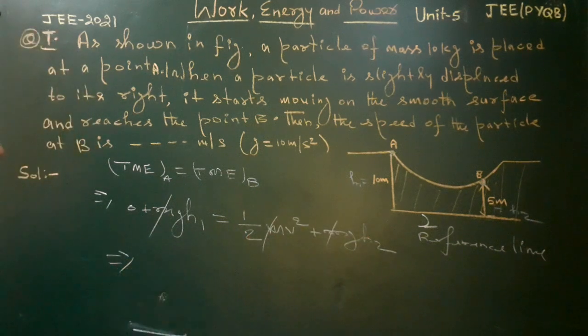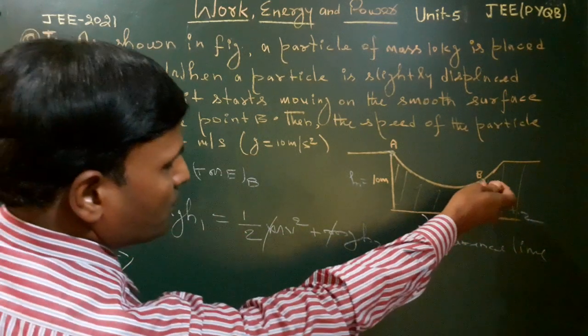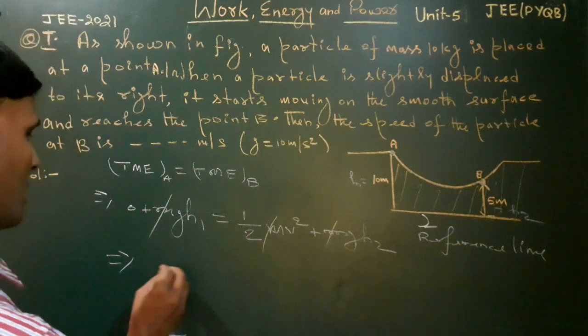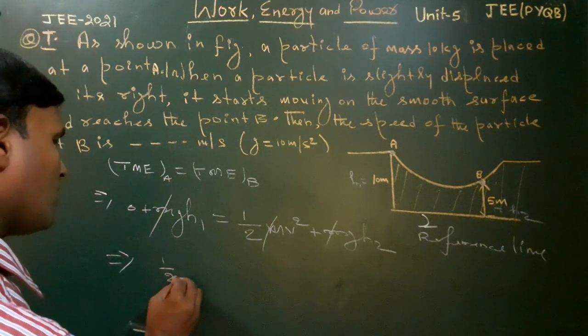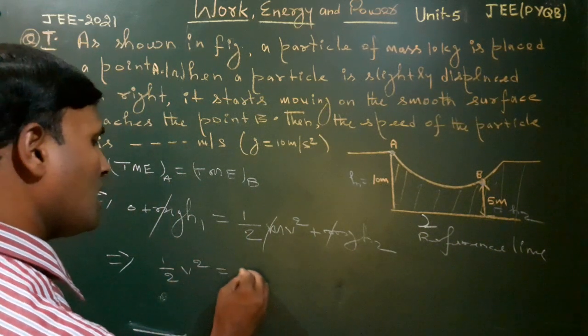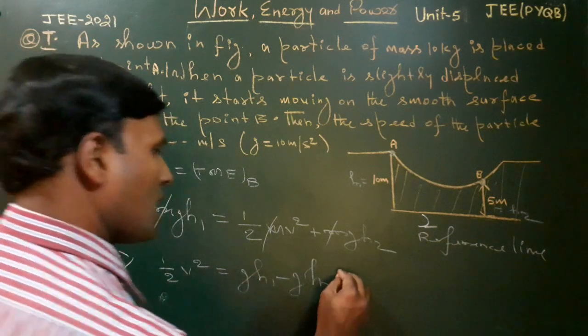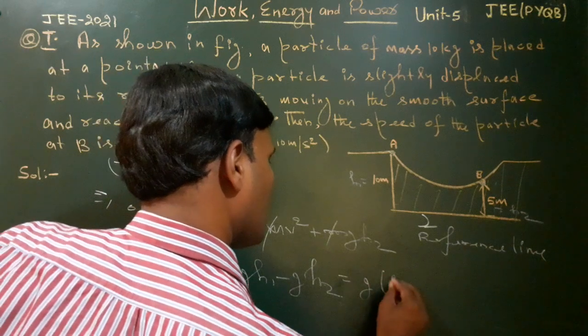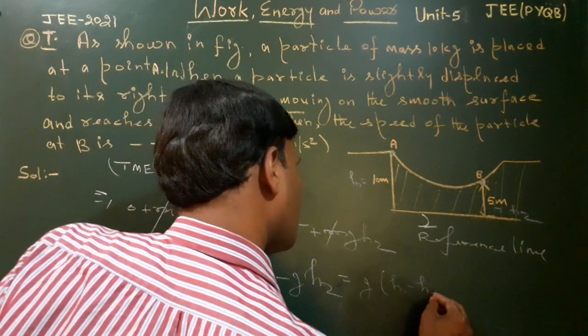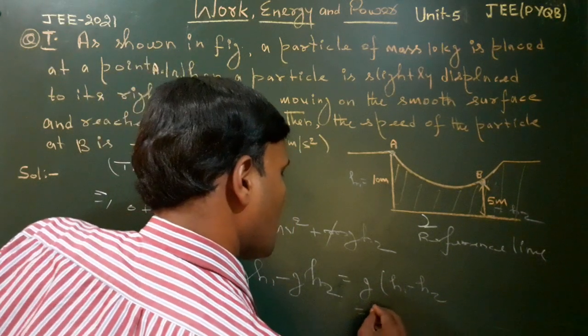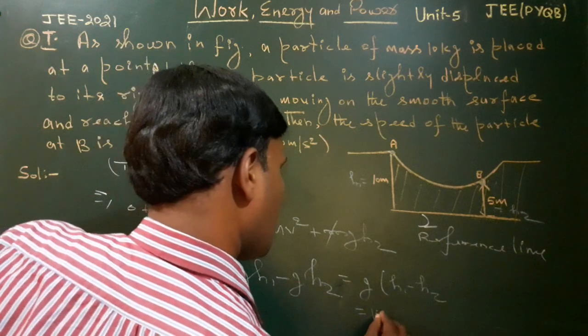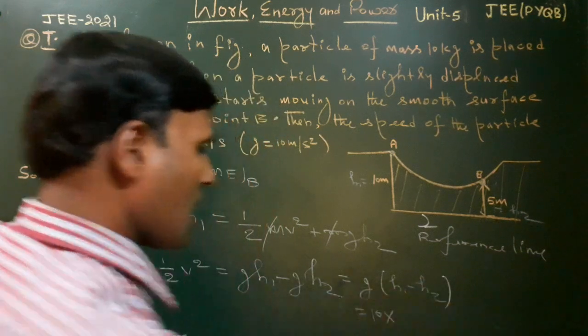Now you have to find the speed of the particle at point B. So you can write here half v square equals g h1 minus g h2, and that implies g into h1 minus h2, that is 10 into h1 minus h2.